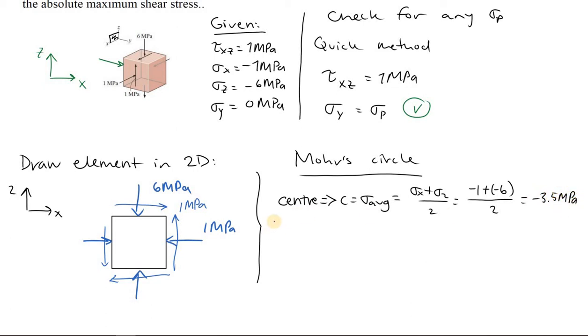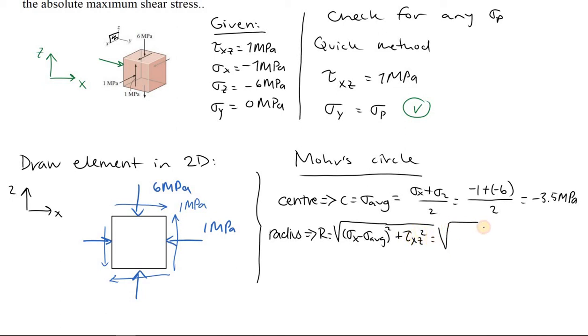We then want to find our radius. Square root of our normal stress in x minus the average stress squared plus our shear stress squared.